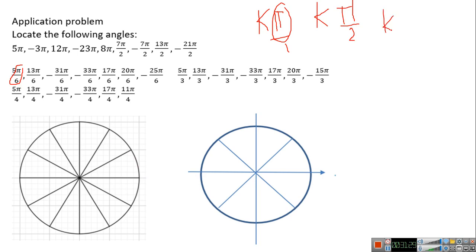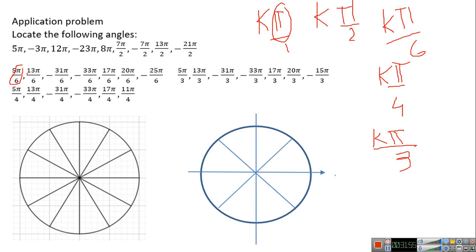K pi over 6, you read it as how many 30s. K pi over 4, how many 45s. Pi over 4 is 45, pi over 6 is 30, pi over 3 is 60. So over 1, over 2, over 3, over 4, over 6, these are called remarkable angles.